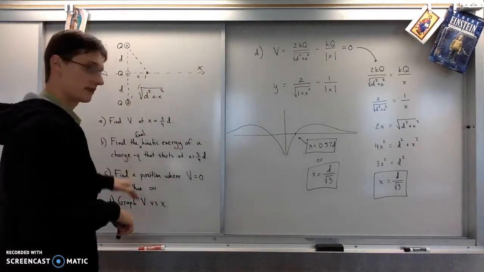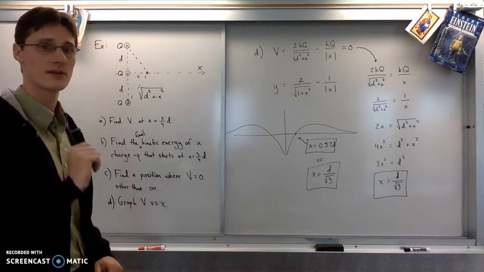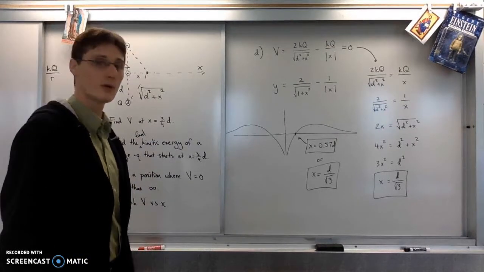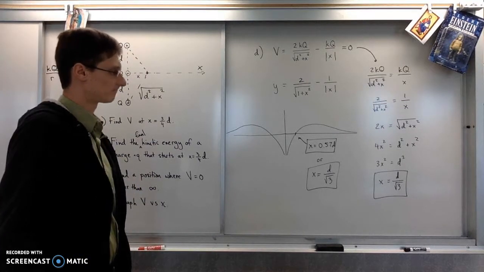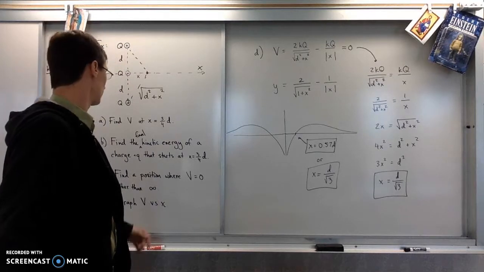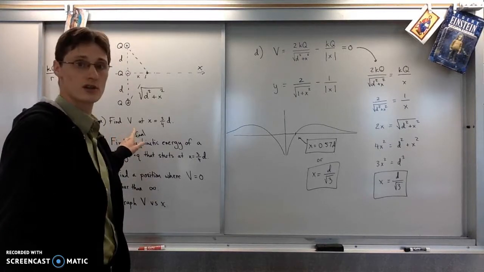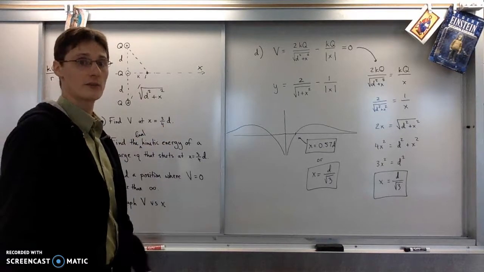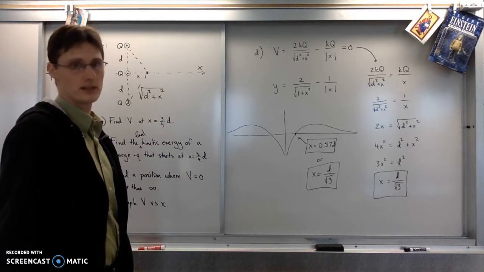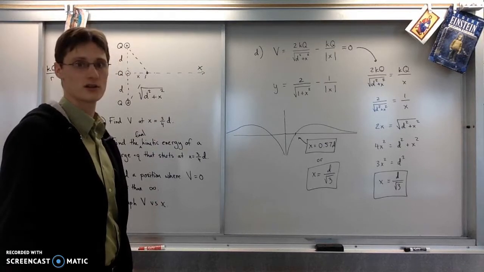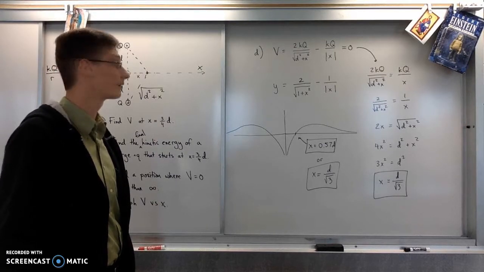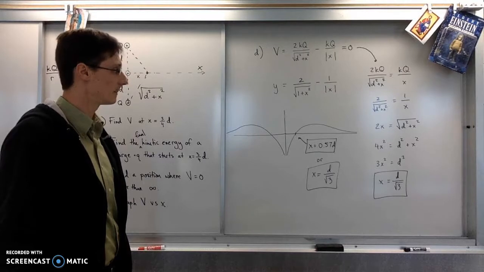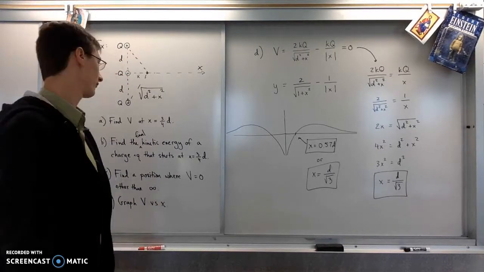Okay, I want to look at one other thing, and this is not a specific question that I asked here, but there's 2 other things that we could talk about. Number 1 would be if we go back to this charge that we put at x equals 3/4 d, and we wanted to know what would actually happen to this charge, which way would it go. It's a little bit hard to say for sure.